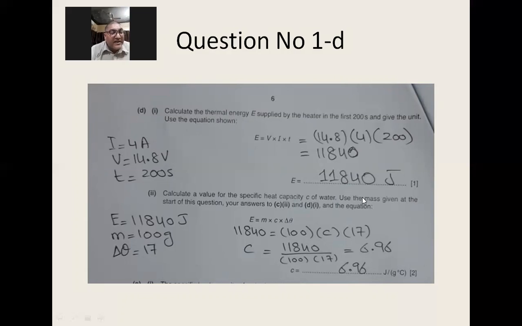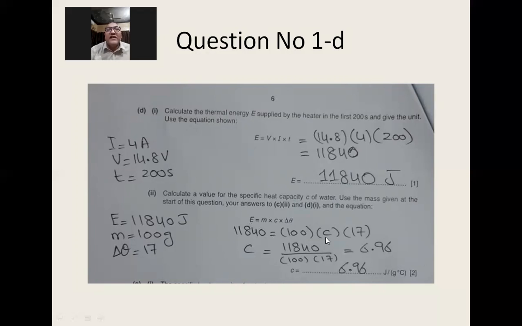Then the second part of D, he says, calculate a value for the specific heat capacity of water, c. Use the mass given at the start of this question, your answer in the C second part and the D first part, and the equation. You know that E equals mc delta theta. The E is 11840. The mass at the start of the question, he said, is 100 grams.